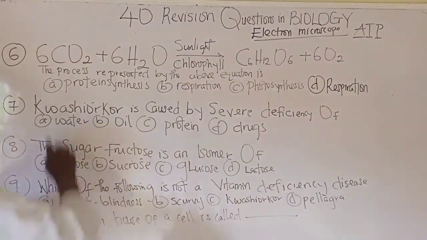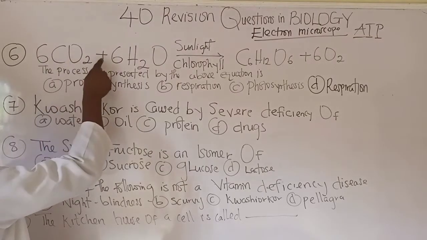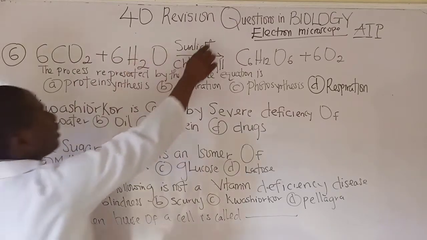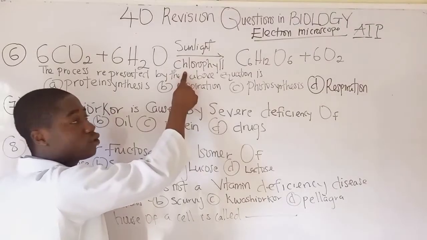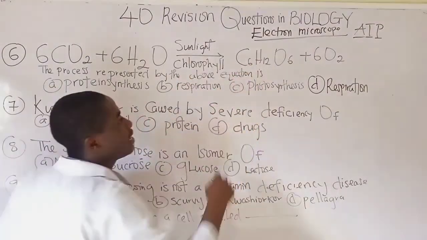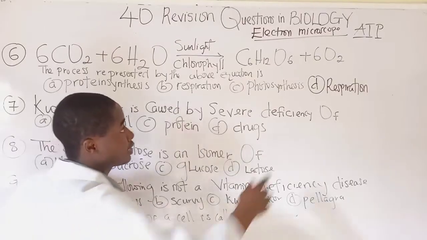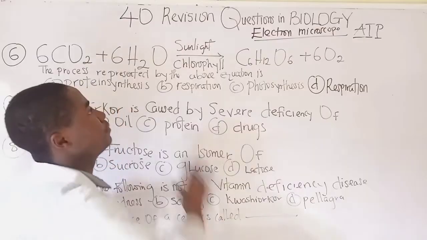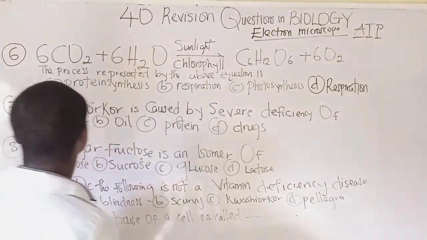Question 6 says 6 moles of carbon dioxide reacting with 6 moles of water in the presence of sunlight and in the presence of chlorophyll will get C6H12O6, that is called glucose, plus 6 moles of oxygen. Now the reaction is balanced. So what next?